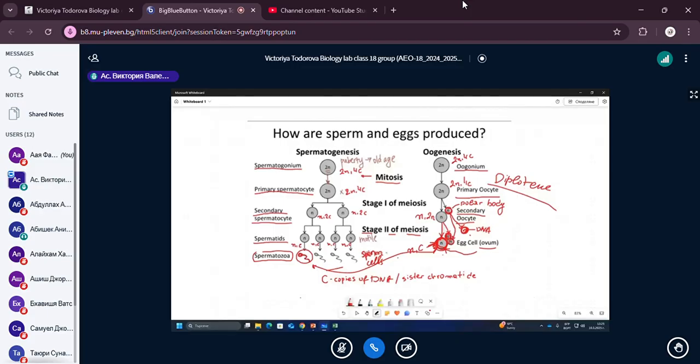So yes, here is the right position. In primary oocyte, the process stops in diplotene of prophase 1, and in puberty the process continues in secondary oocyte.